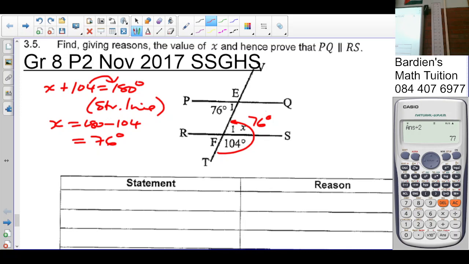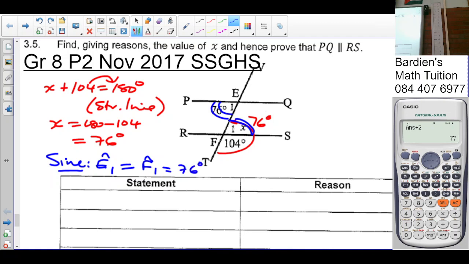So how do we answer this? This is hence prove that those lines are parallel. So we say since angle E1, you see that angle? Since angle E1 is equal to F1, which is equal to 76 degrees. Can you see that?